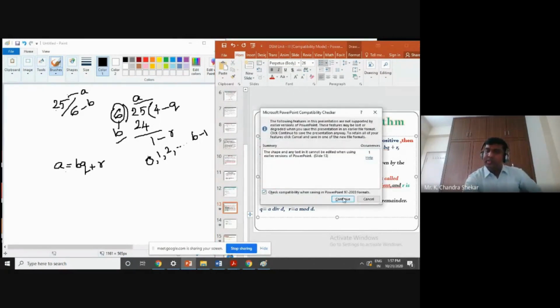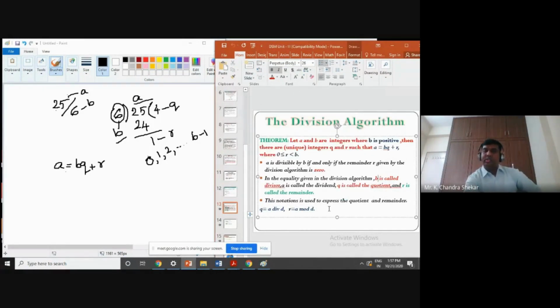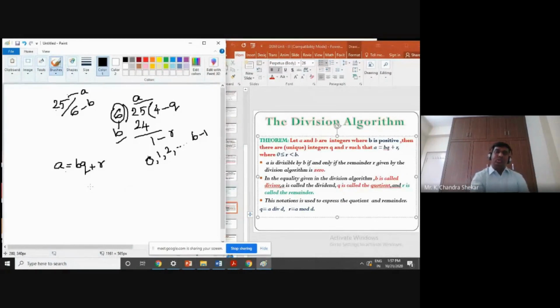So this particular notation is used to express the quotient and remainder. Now, how do you express the quotient and remainder? If I ask you how will you represent the quotient, it is simply A divided by B. Because whenever I say 25 by 6, then if I ask you what is the quotient, it is nothing but 4.